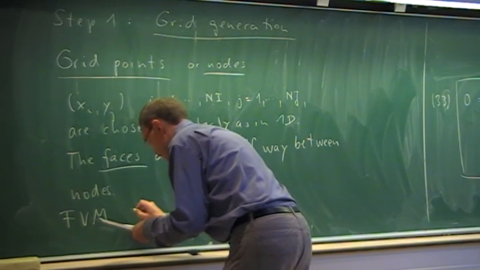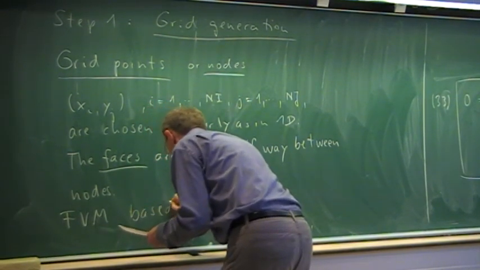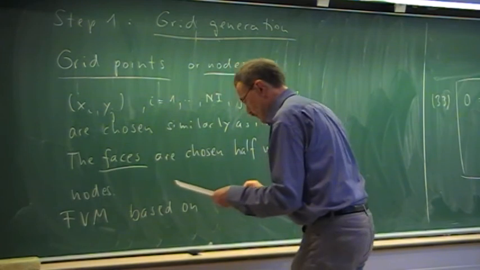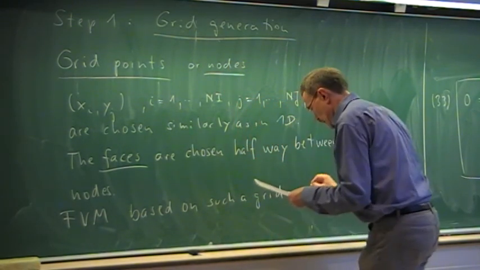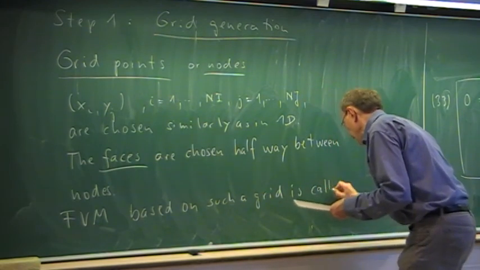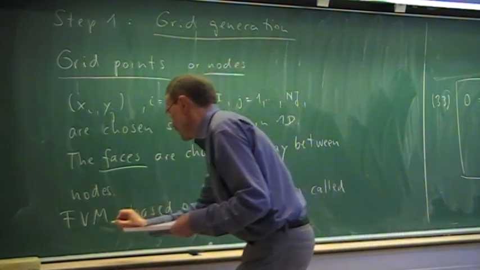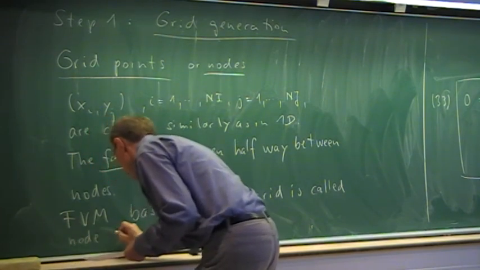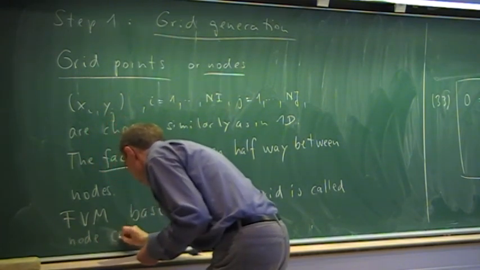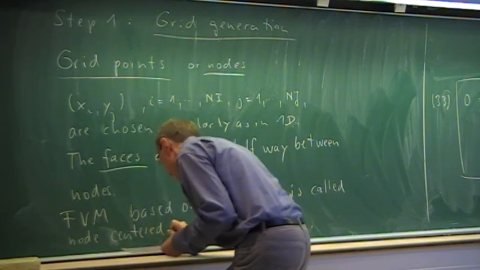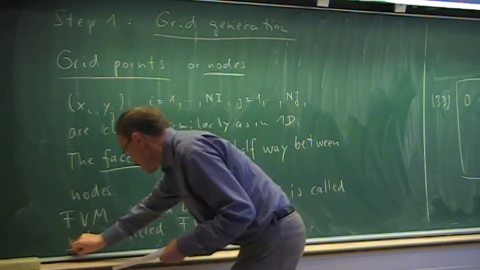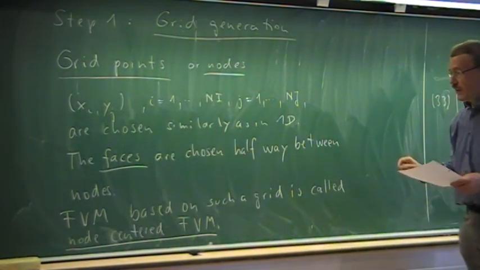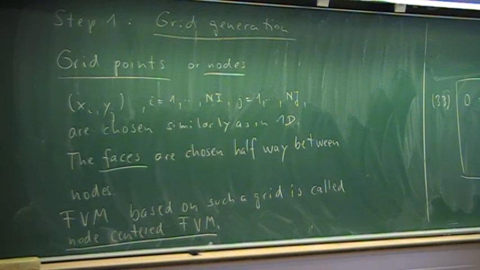So a finite volume method based on such a grid is called node-centered. So then we identify by the nodes the location where we have our cell average stored.